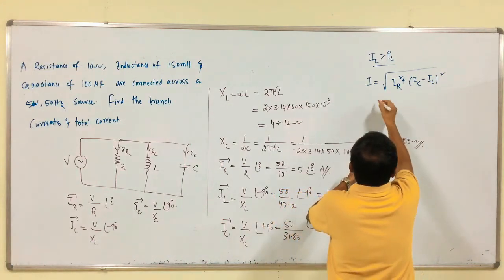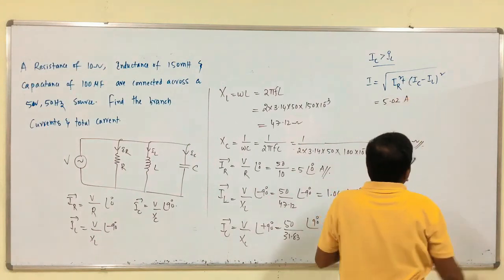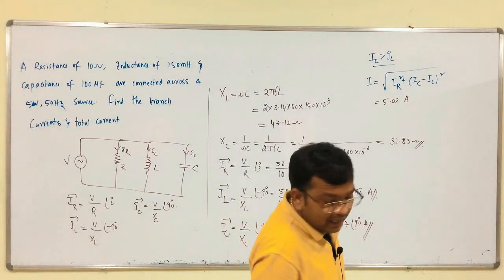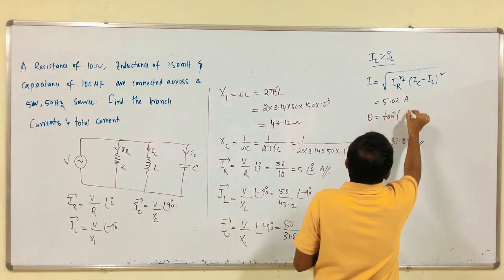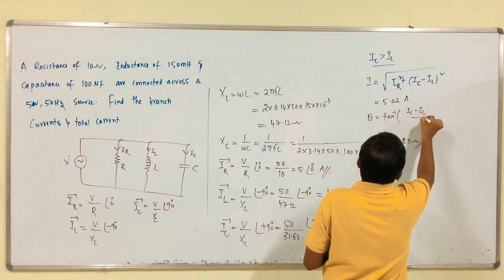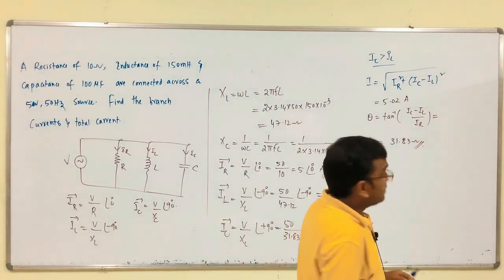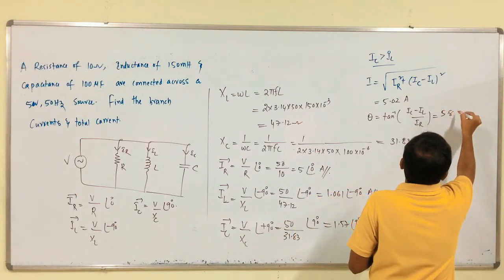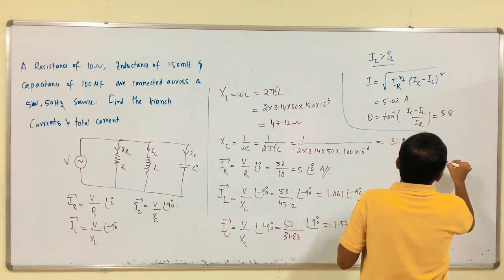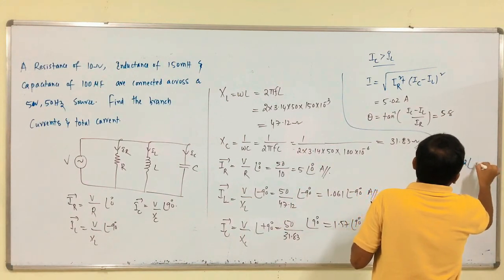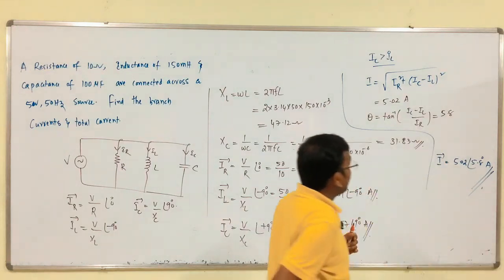Okay, just you have to substitute this. And the phase angle is tan inverse of IC minus IL by IR. What is the answer? 5.8. So finally the current is nothing but 5.02 at an angle 5.8 degrees. So this is the value of total current.